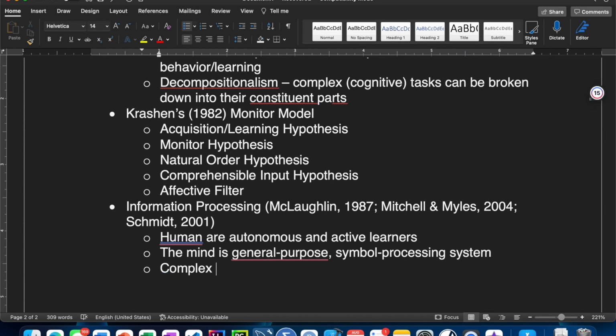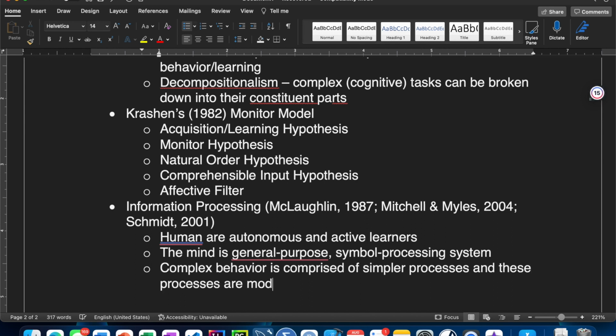Another element of information processing approaches is that complex behavior is comprised of simpler processes, and these processes are modular, right? So in an information processing approach, even something like reading comprehension can be broken down into a simpler sub-collection of processes. When we think about reading comprehension, it's not just understanding the content that's there, it's understanding the individual words.